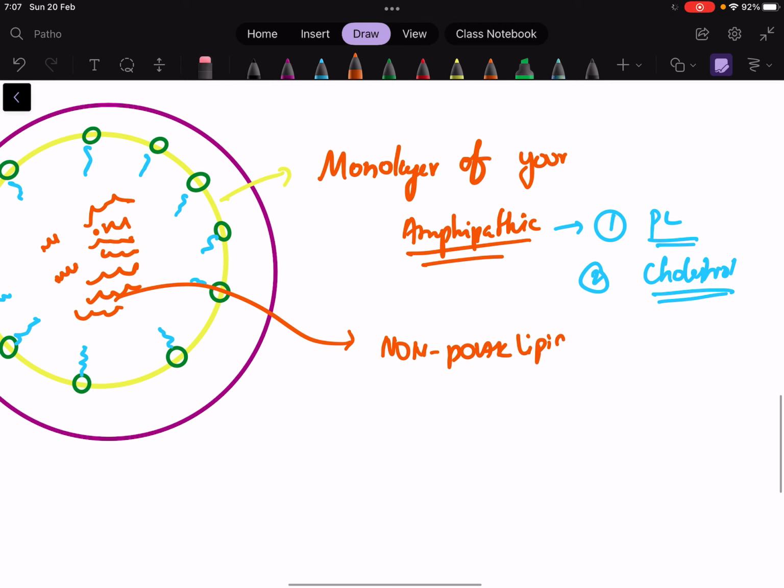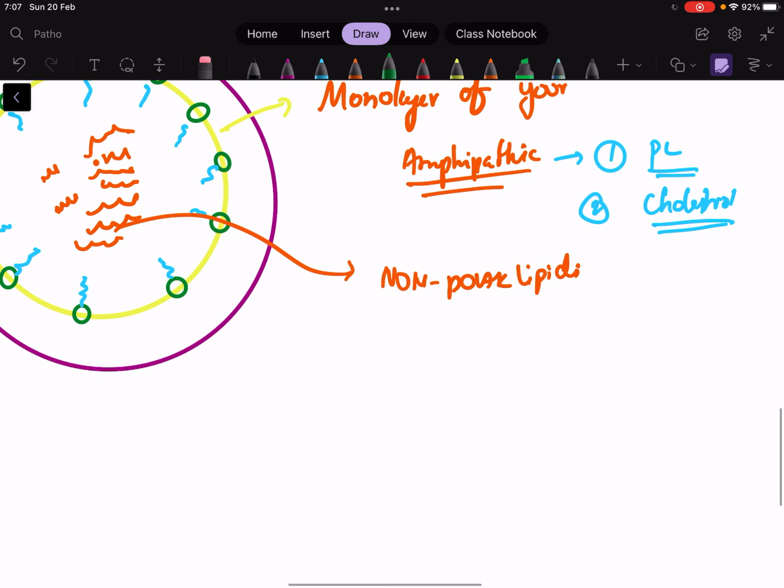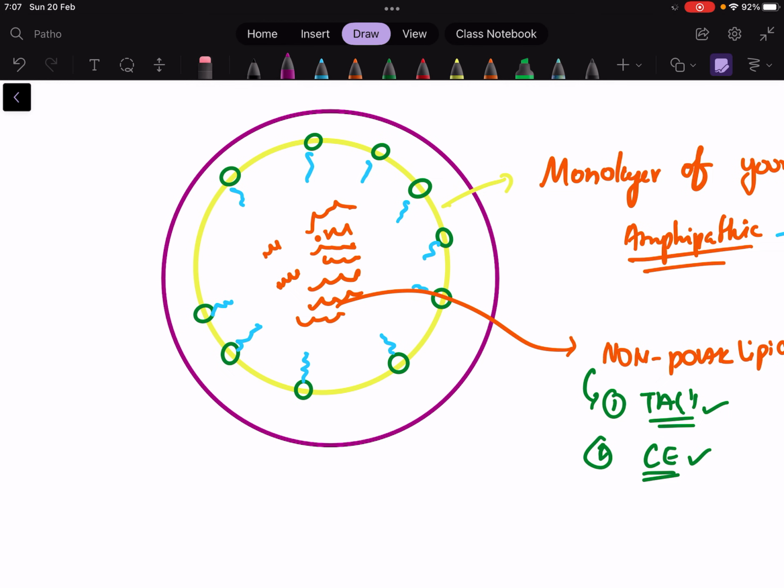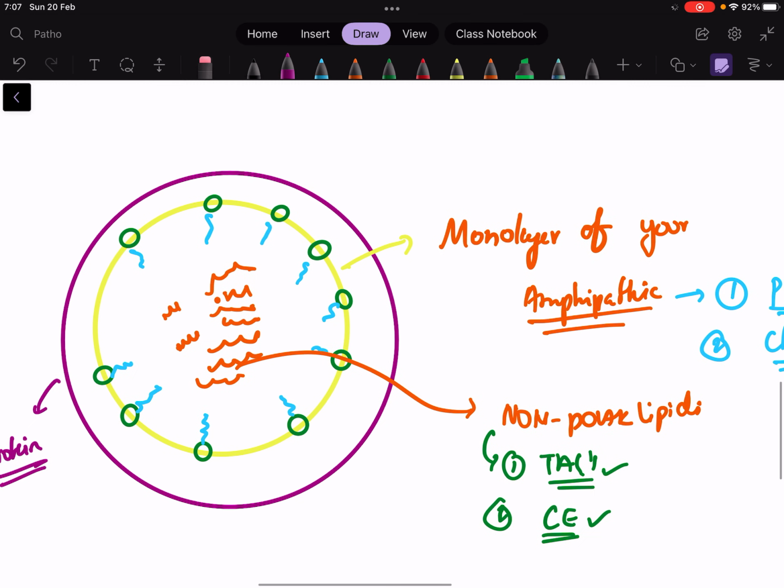So what are the examples of non-polar lipids? The answer is simple. Those were your triacyl glycerols, or we can simply call them TAGs, and cholesterol esters. Okay, so once again, a lipoprotein consists of a protein shell, which is the outermost component, and a lipid layer.